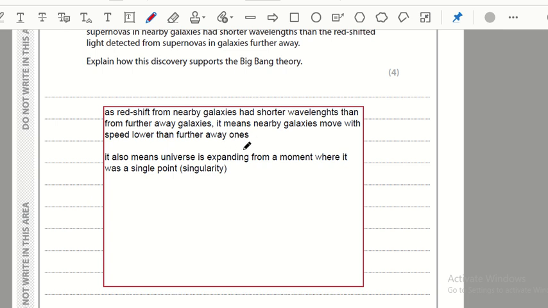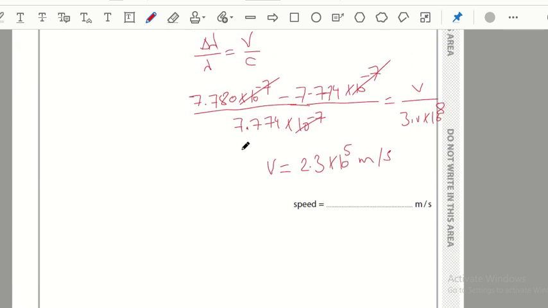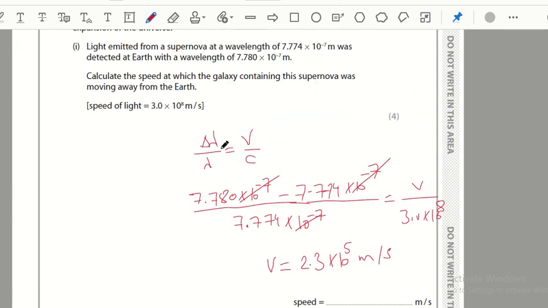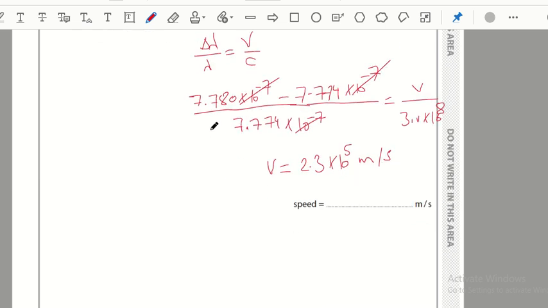Okay, because as we know, redshift increases when velocity increases and redshift decreases as the velocity of the galaxy decreases. Remember this relation? When this ratio increases, this means that V increases in comparison to C.